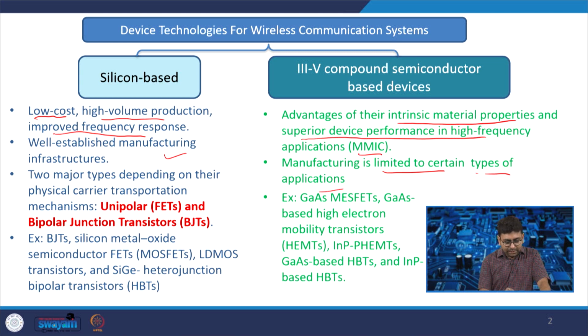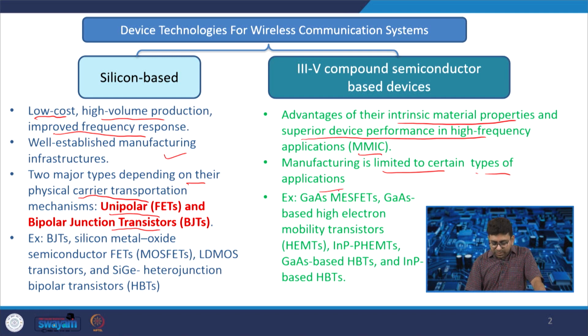In silicon based devices there are two major types depending on their physical carrier transportation. Based on how the carrier transportation happens, we can identify two mechanisms. One is unipolar, that is FET devices, and another is the bipolar junction transistor, that is BJTs. Both come into silicon based device technology.